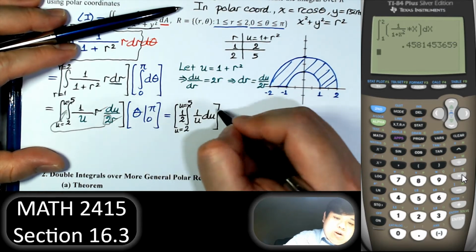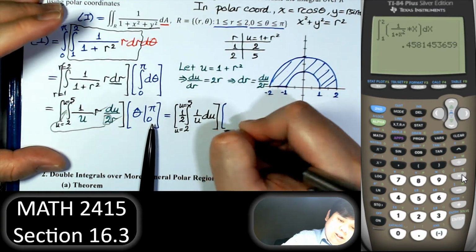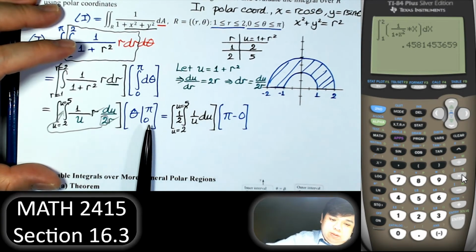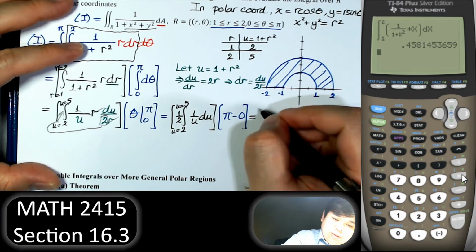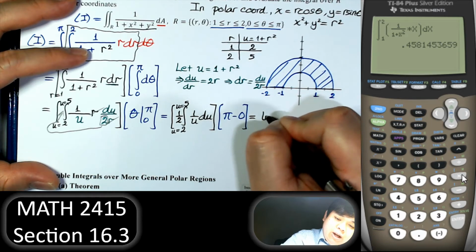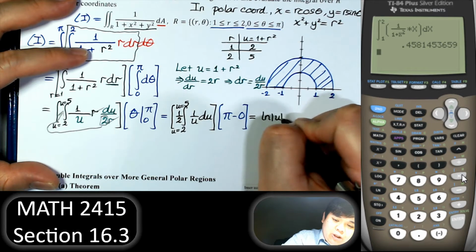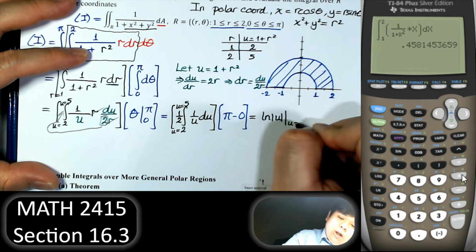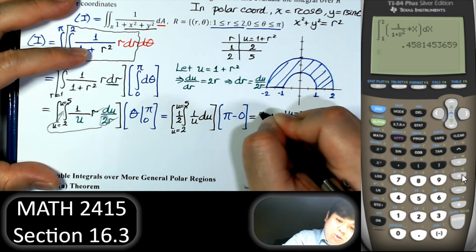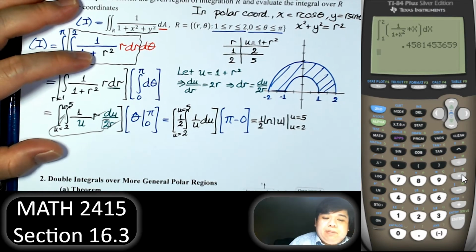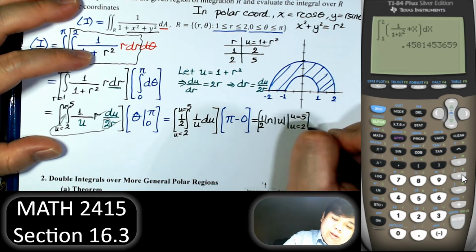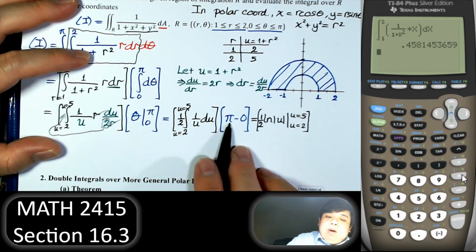Put in pi, put in 0, so we just have pi minus 0. The integral of 1 over u is ln of absolute value of u, where u goes from 2 to 5. And if you ask where's the 1/2, of course the 1/2 is still there. And then pi.